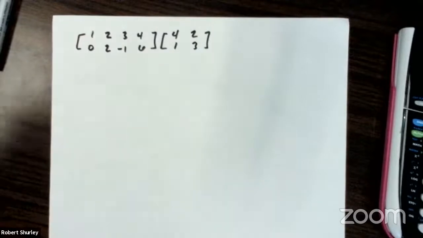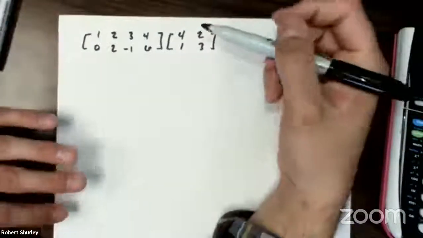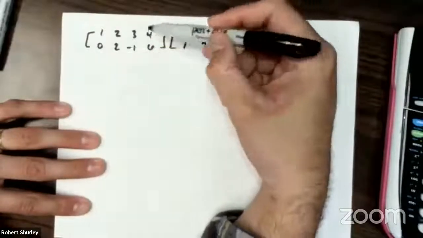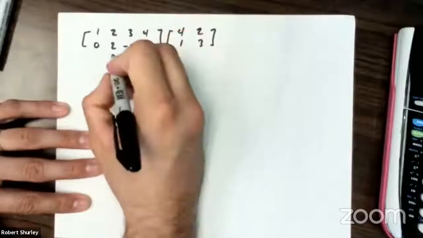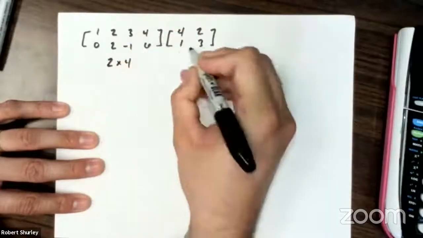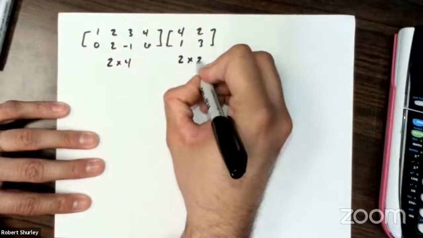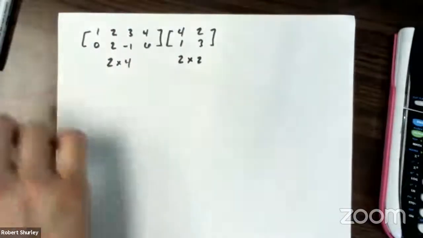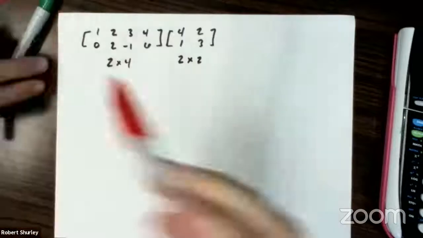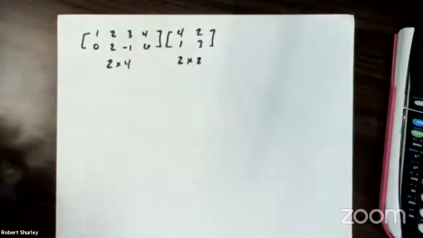But I'm doing them out of order to show you what I really want to get to. Now notice if I wanted to write the order of this matrix, it would be a 2 by 4. And we know the order of this matrix is just 2 by 2. And if I want to multiply these together, I think of them as dunking the cheese sticks in.